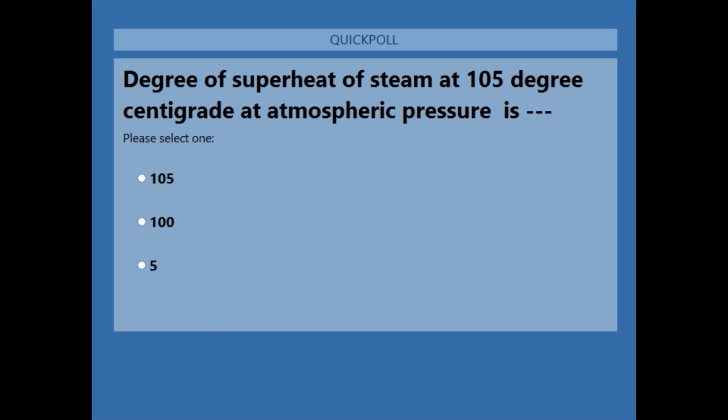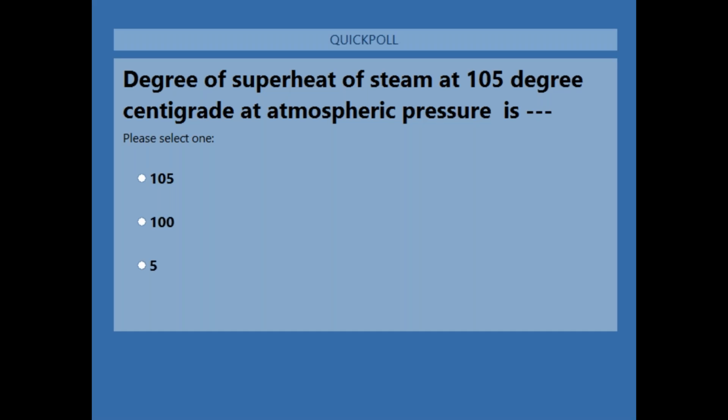In this example, I talked about atmospheric pressure, so the saturation temperature is 100 degrees centigrade. The water reaches 100 degrees centigrade, starts boiling, and gets converted to steam at 100 degrees centigrade.